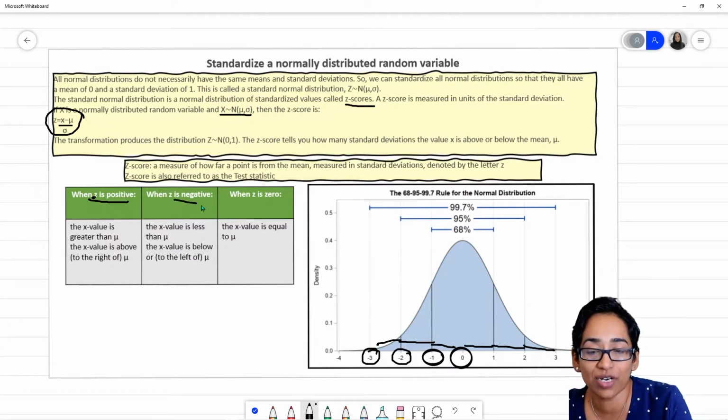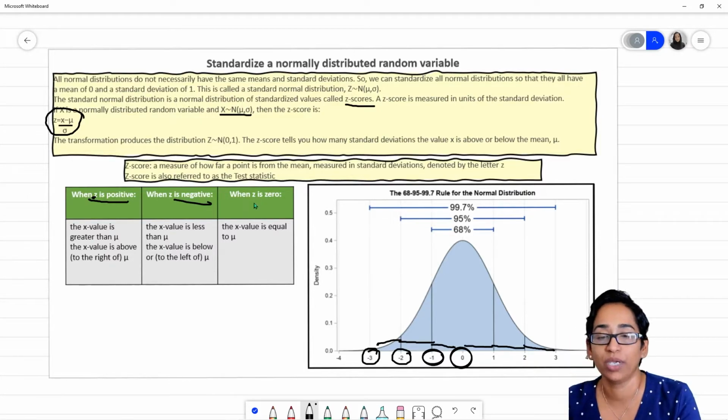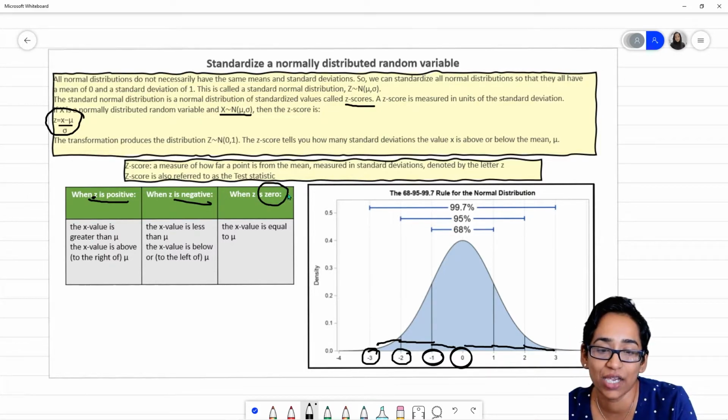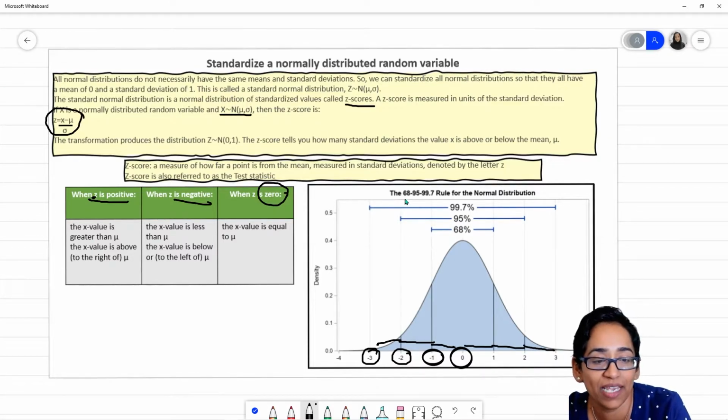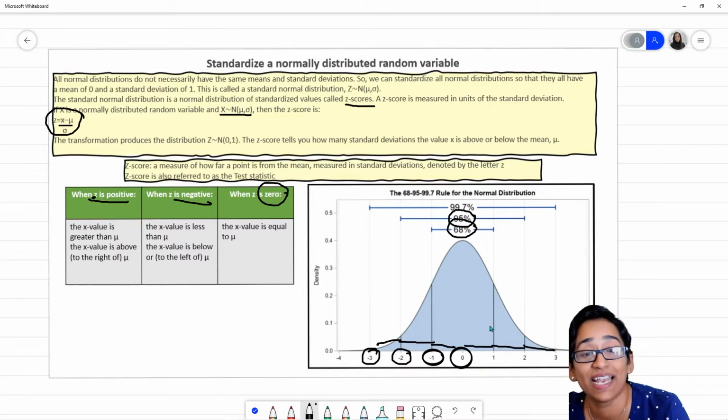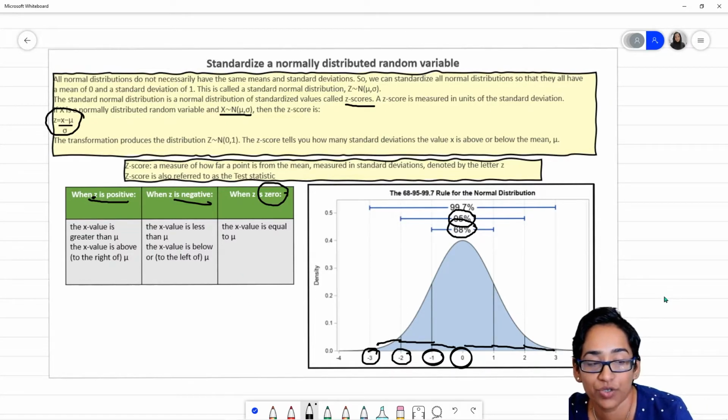So if your z-score is negative, you're below the mean. If your z-score is 0, you're equal to the mean. And keep in mind, 68% of the data lies within 1 standard deviation, 95% of the data lies within 2 standard deviations. Are you ready to do some problems?